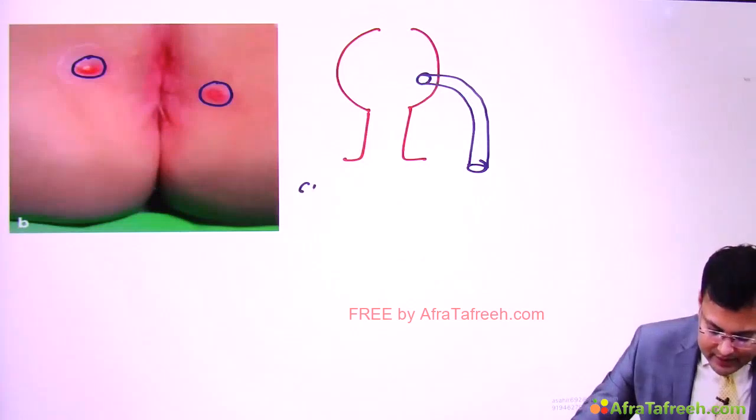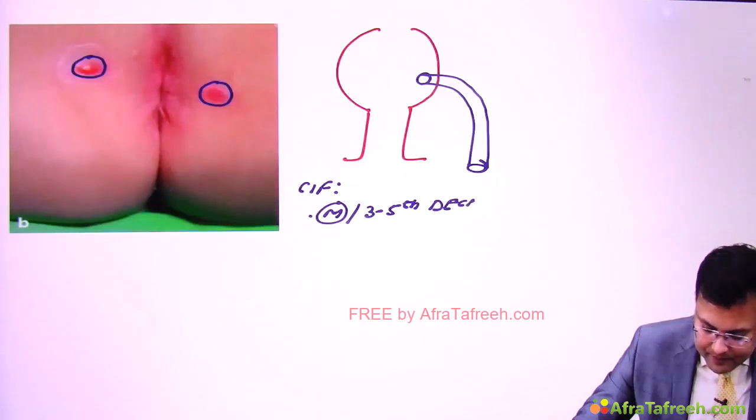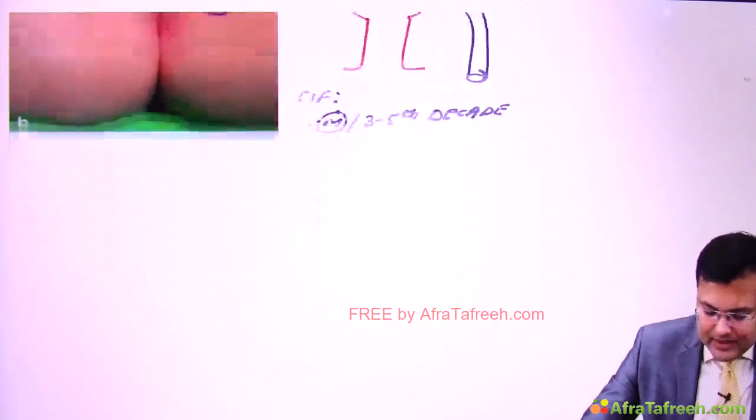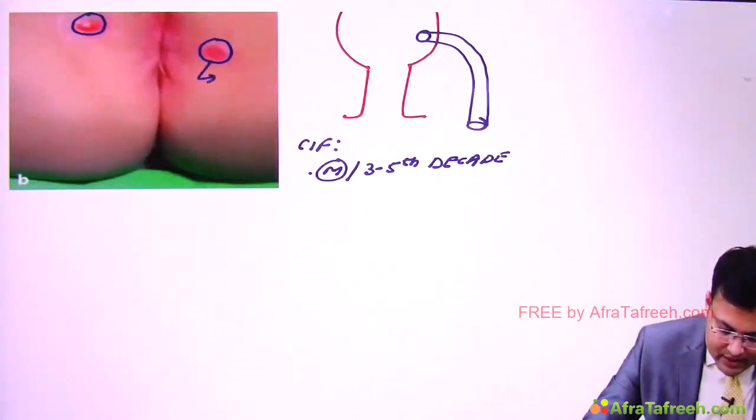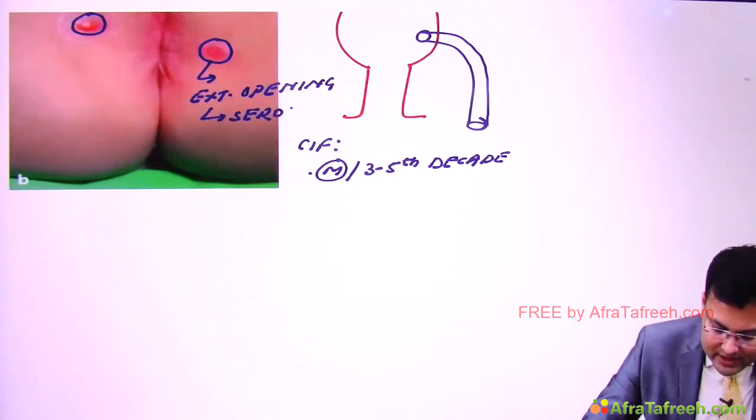First, see the clinical features. It is more common in males and generally it is seen in the 3rd to 5th decade. What is the presentation? These patients have an external opening in the perineal region, and from this external opening there is seropurulent discharge.